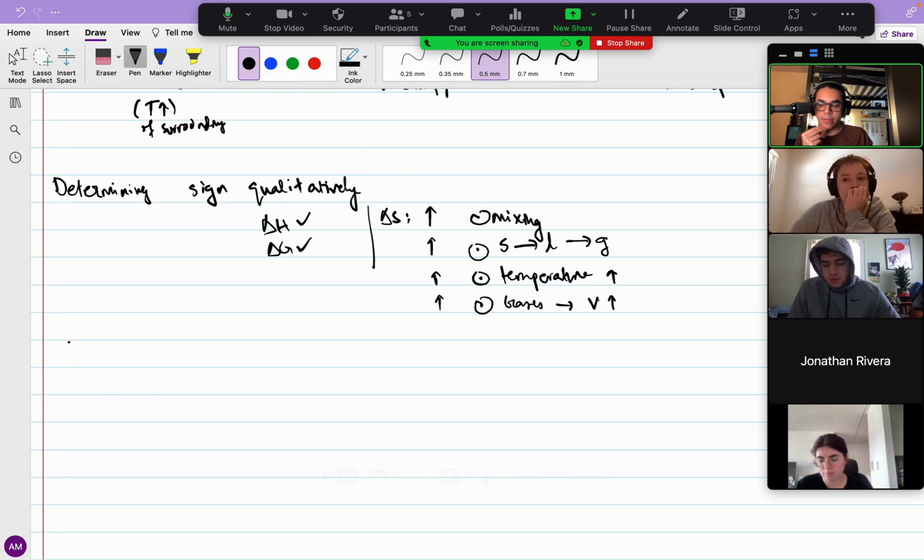Let's move on to the meat of the chapter, which is reaction values from formation values.